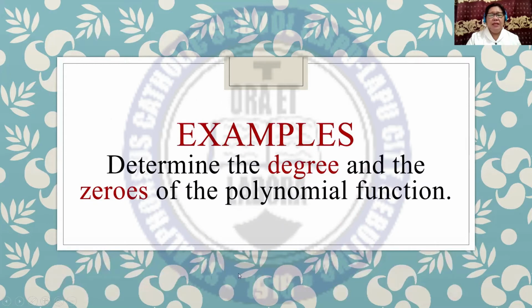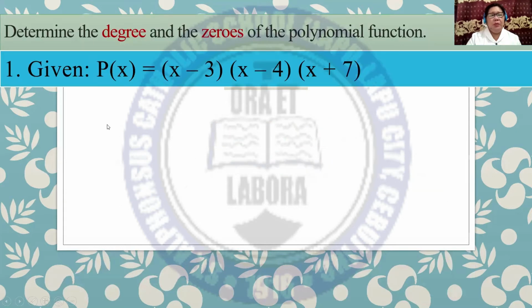Let us have examples on how to determine the degree and the zeros of the polynomial function. Example number 1. The given polynomial function is p of x is equal to the quantity x minus 3 times the quantity x minus 4 times the quantity x plus 7.